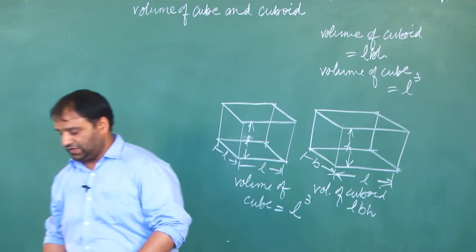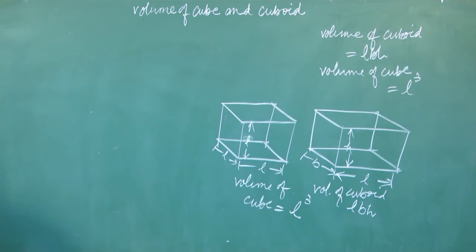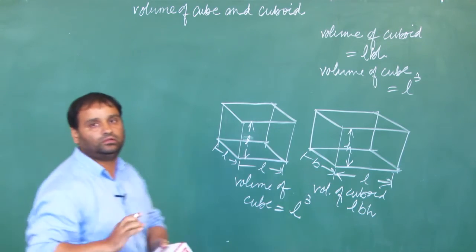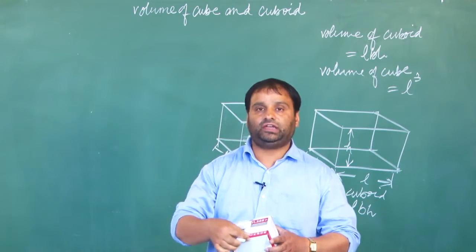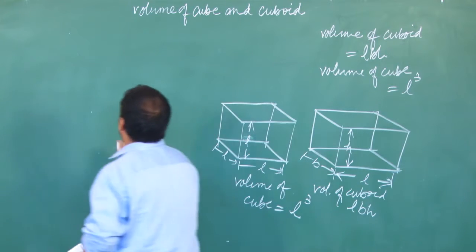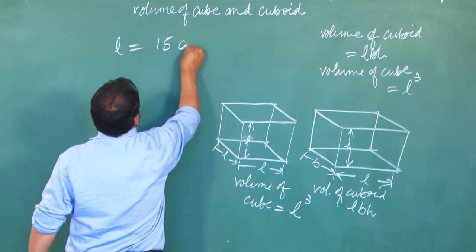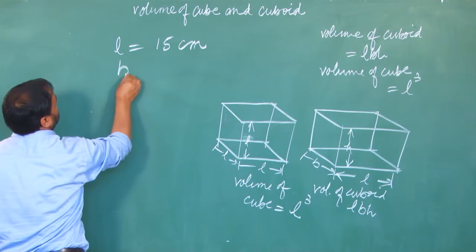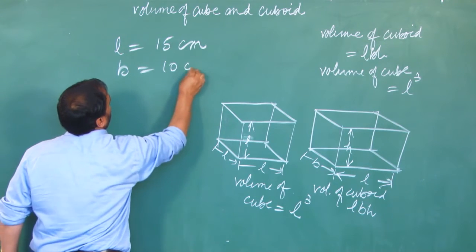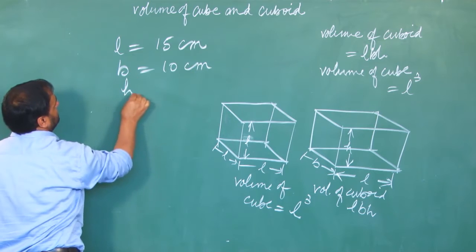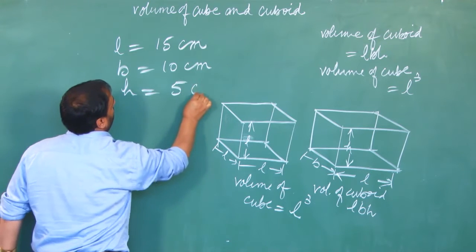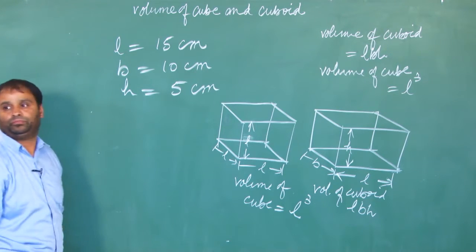So let's take an example about cube and cuboid. Suppose this is the box. Suppose we take its length as 15 centimeter, breadth as 10 centimeter, and height as 5 centimeter. What will be its volume?